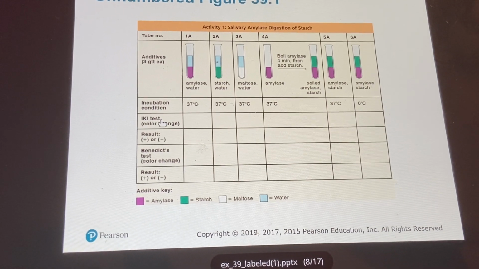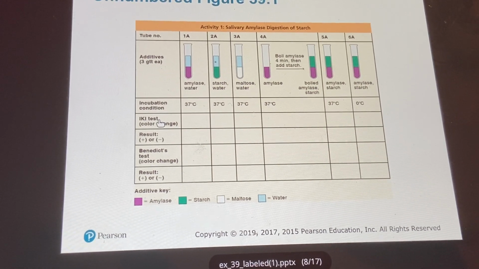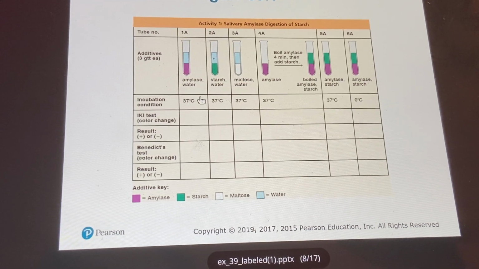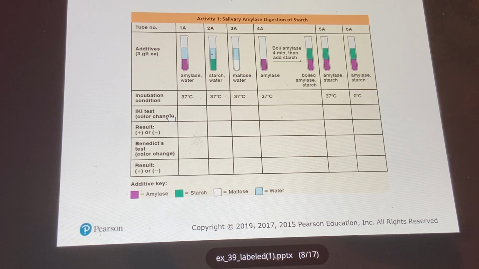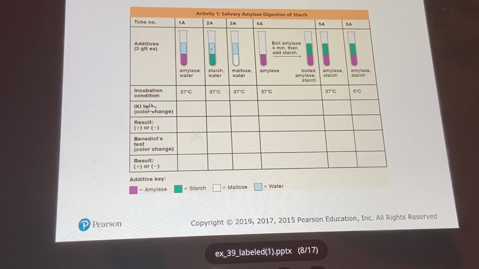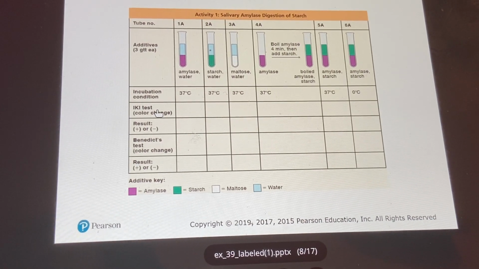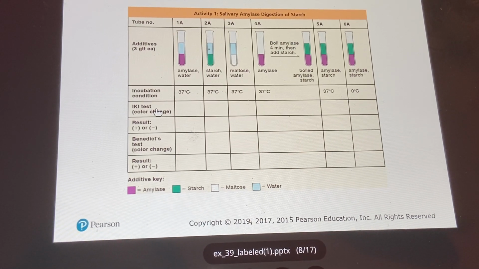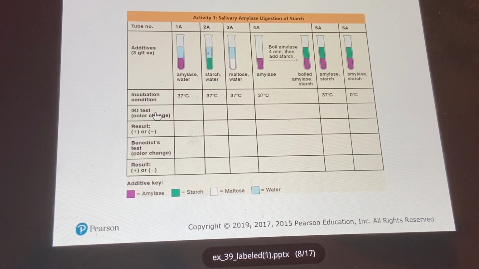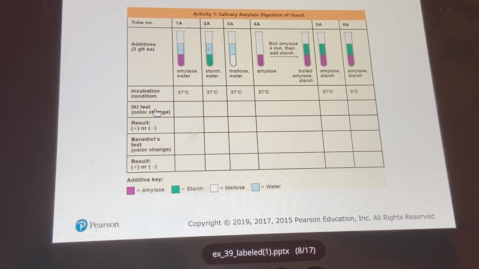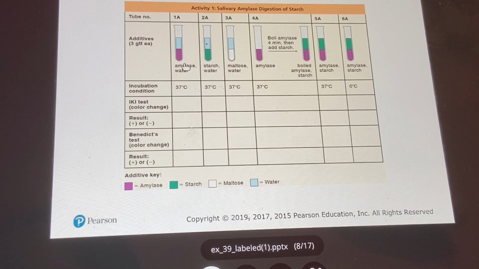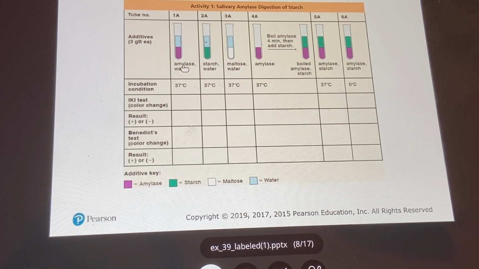Starch is a storage form of glucose in plants, and glycogen is a storage form of glucose in animals. So IKI is a test for starch, or polysaccharides.